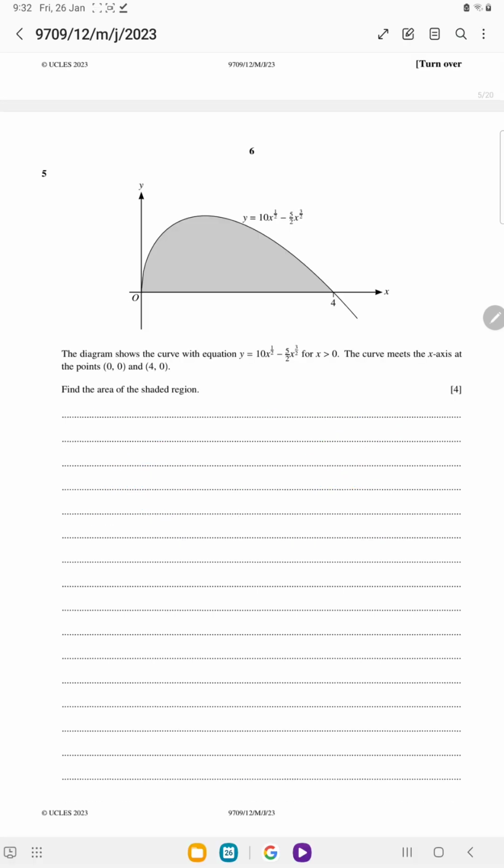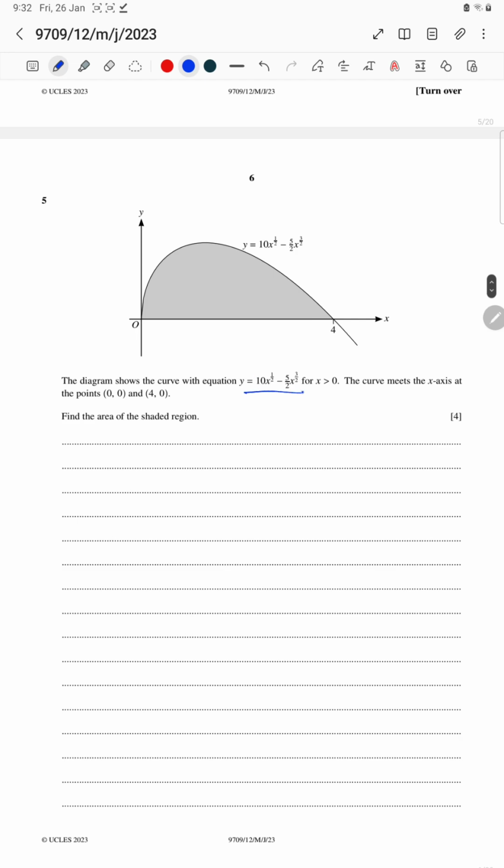Okay guys, in question number 5, the diagram shows the curve with this equation for x greater than 0. The curve meets the x-axis at the points 0 and 4. Find the area of the shaded region. From the formula sheet, again it will be given to you.